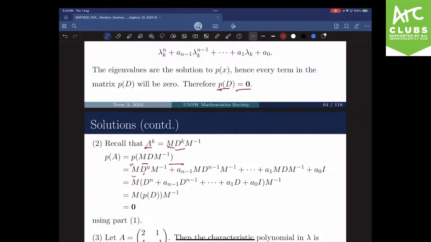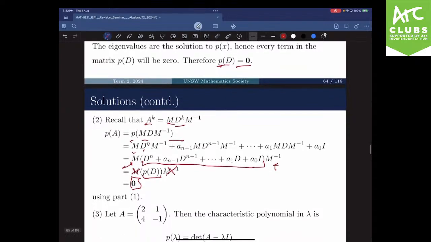So we can extract this M and put it at the front, and extract this M inverse and put it at the back. And we have this thing here, but we know from before that this is just P of D. And what's P of D? It's just a 0 matrix. Since it's a 0 matrix, it basically kills these two, and it's still the 0 matrix. And so we get that our P of A is also the 0 matrix. Does this make sense?